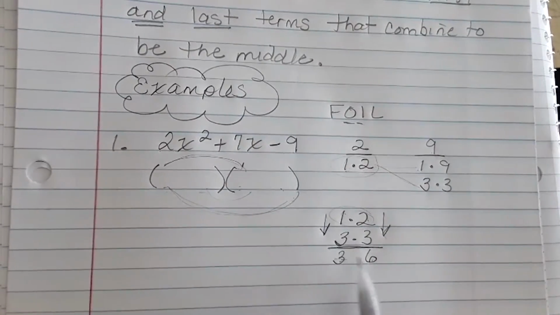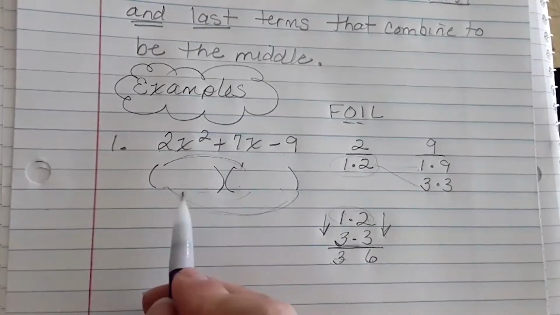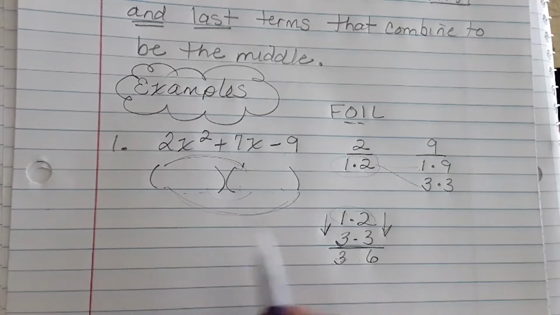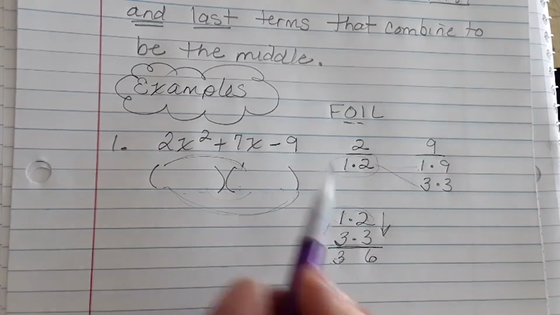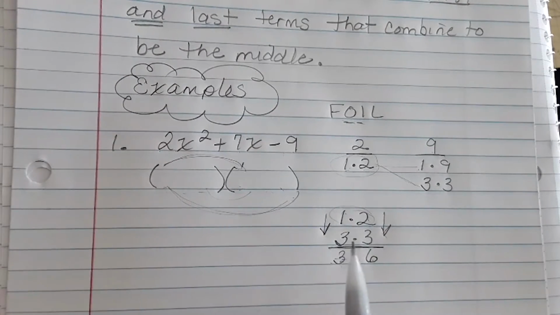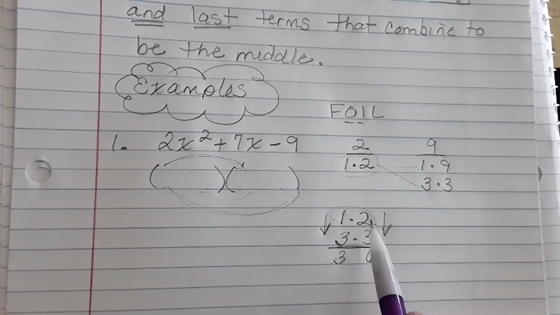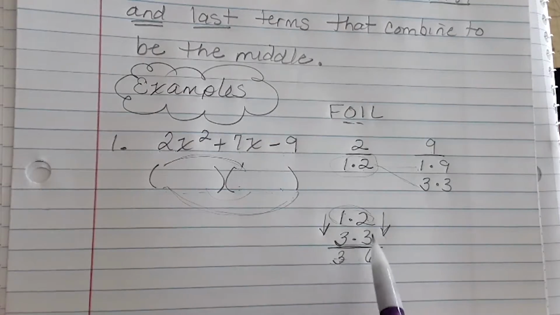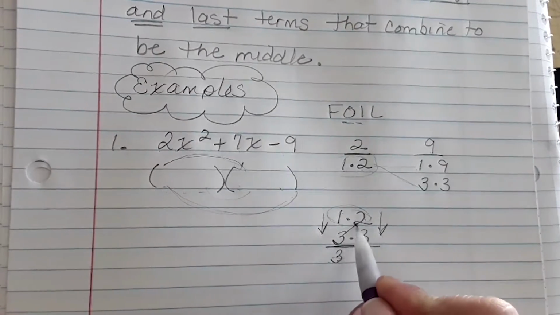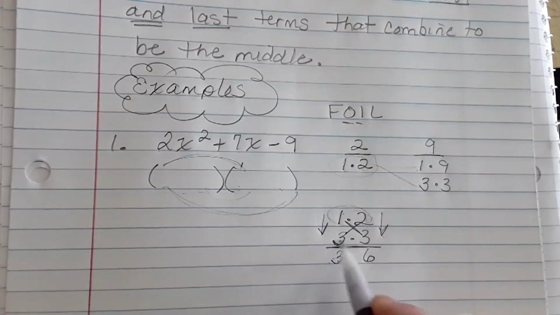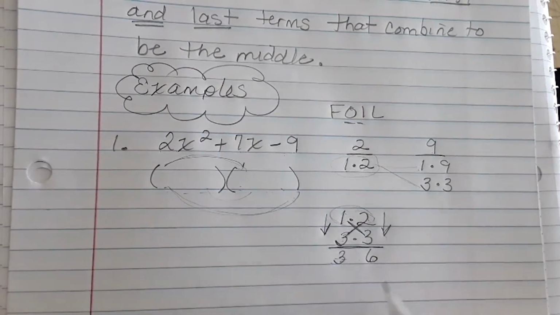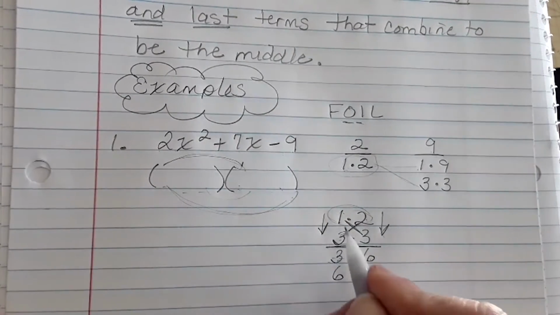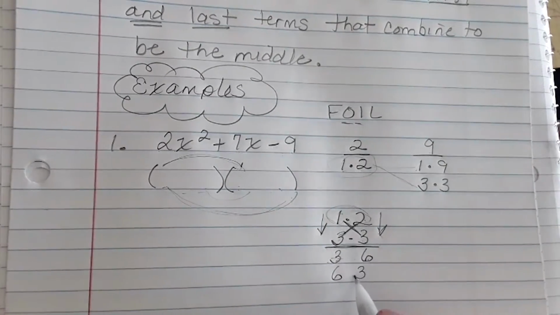These will end up being a 3x and a 6x when you foil it out. But you need to see if there's any way these can combine, any way they can be added to get a 7, and there's not. But another way to multiply a value from this set with a value from this set is to go diagonally. But notice because the 3 here is a repeat, we're going to end up with the same results. 2 times 3 gets us a 6, and 1 times 3 gets us a 3.